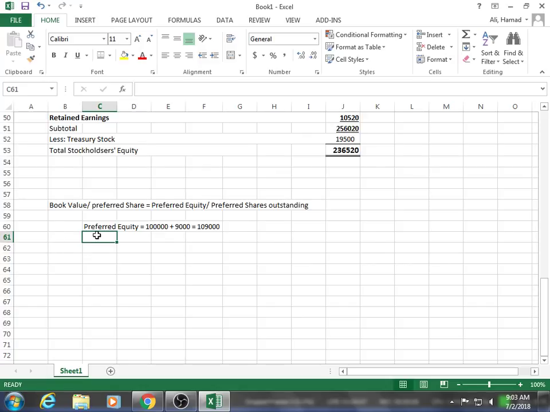Now divide 109,000 by how many preferred shares outstanding? How many preferred shares do we have outstanding?